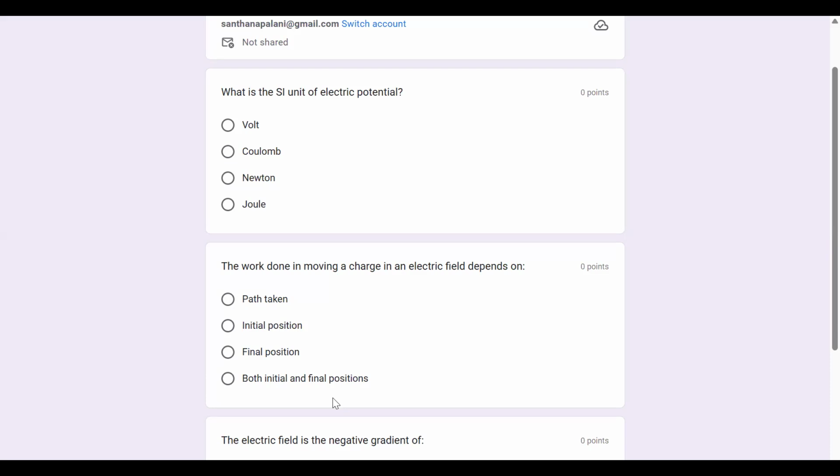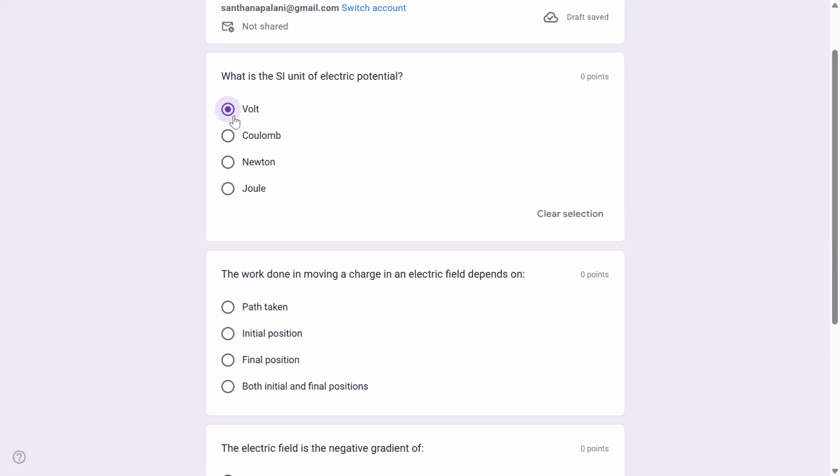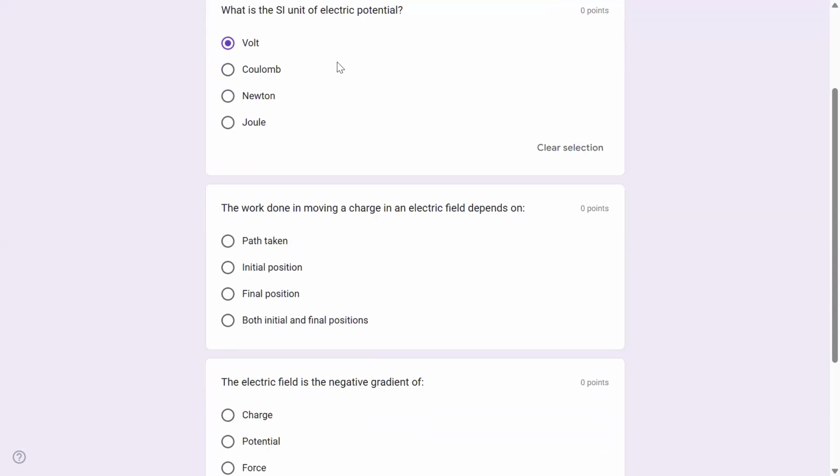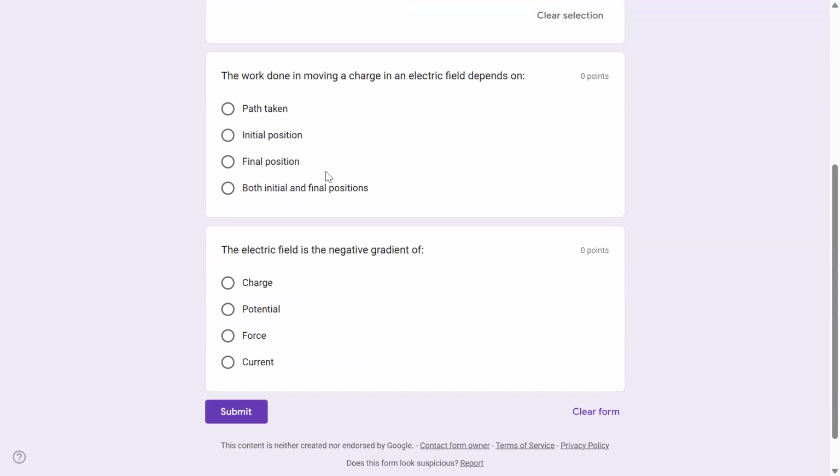Good evening to all. Okay, we can choose the first option, volt. We can check it later. Then we can move into the second MCQ.